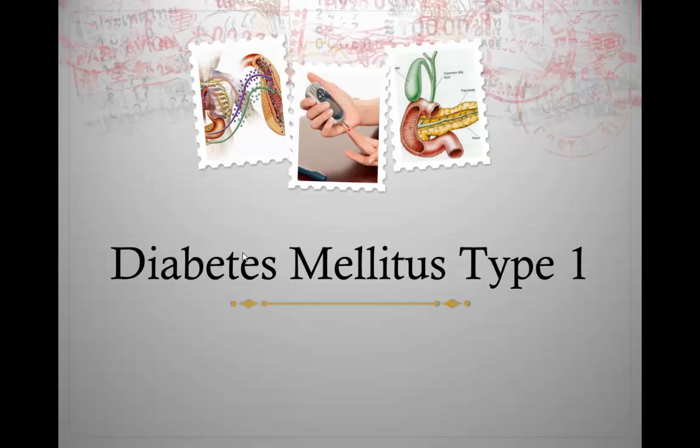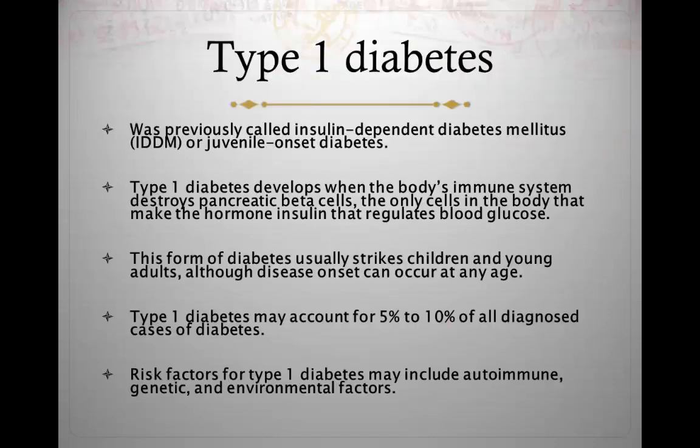So what is diabetes type 1? Diabetes type 1, remember, is HLA related. We used to call it juvenile onset in the past. There is a destruction by the immune system of the pancreatic cells. Diabetes type 1 tends to be genetic, but it could also be associated with any disease process that could destroy the pancreas.